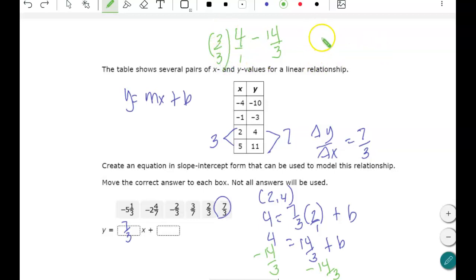It then becomes 12 over 3 minus 14 over 3. Remember, you cannot add or subtract fractions unless you have a common denominator. Now this is 12 minus 14, so it's going to be negative 2/3. So it would be this one. Drag it over.